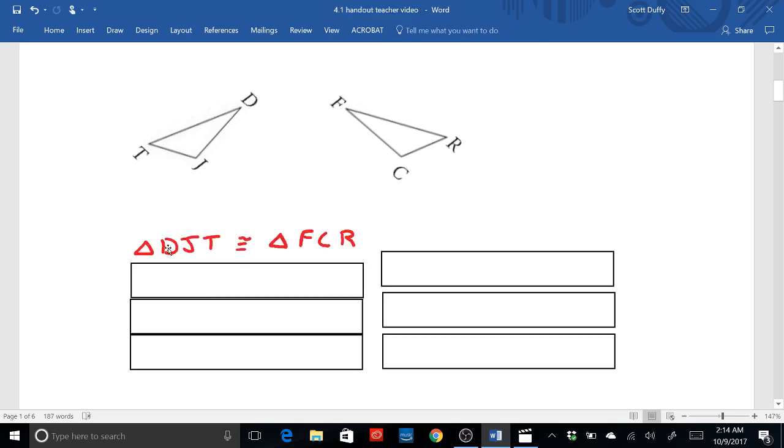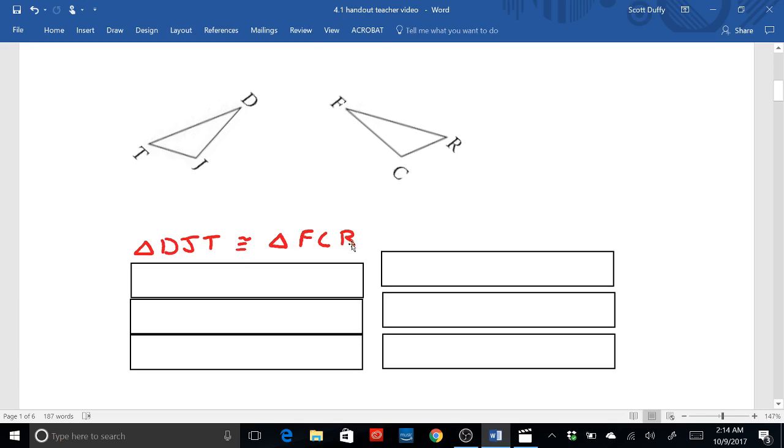So I wrote those two down first in the triangles. Then, moving on, J corresponds to C, so I put J and C second. And then T corresponds to R, so I listed those two last. They have to be in the order according to the first triangle that you write down. So if I have written down triangle TDF, I would have to write down RFC, going in the same order around the triangle.